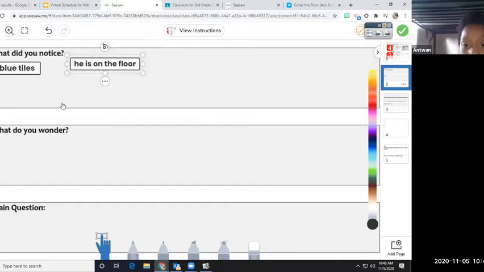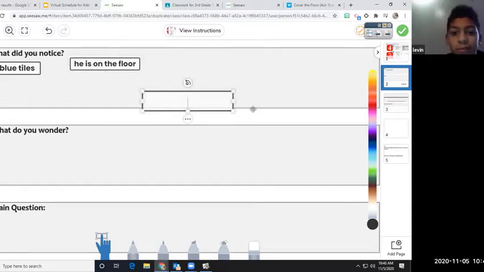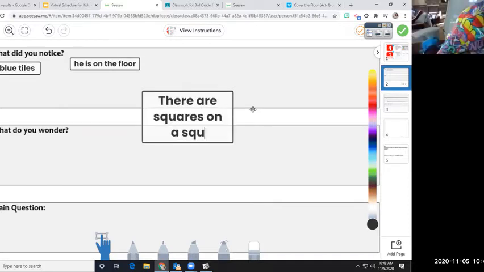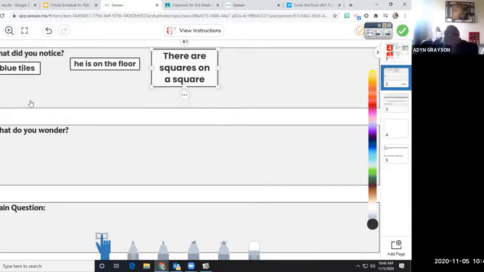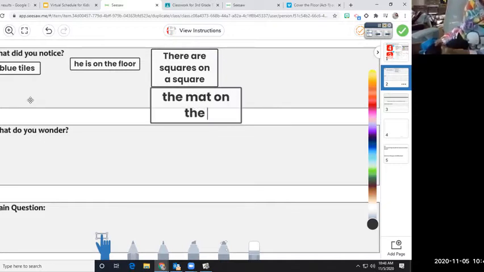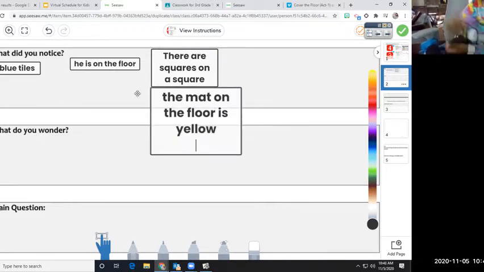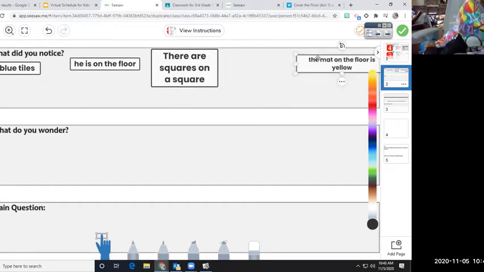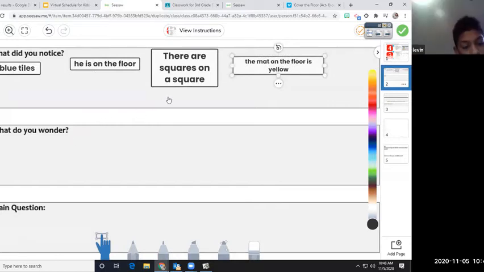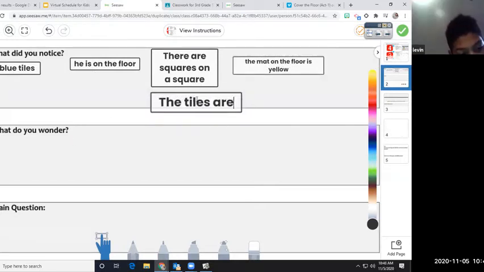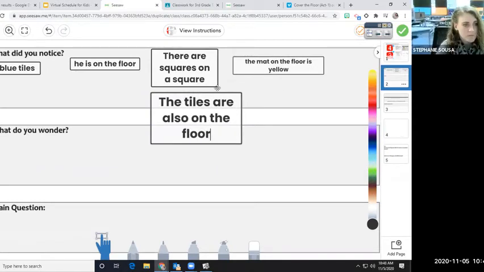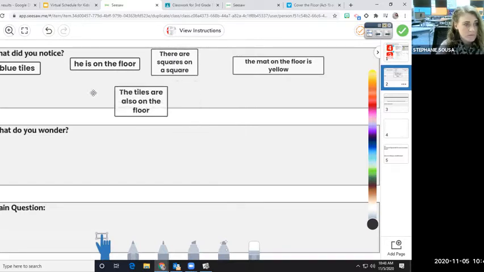Go. He's putting squares on a square. He has blue tiles. The mat on the floor is yellow. He was placing blue tiles on the mat for some reason. It was a video. There were a lot of tiles.